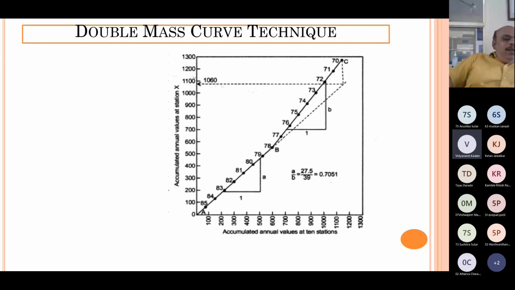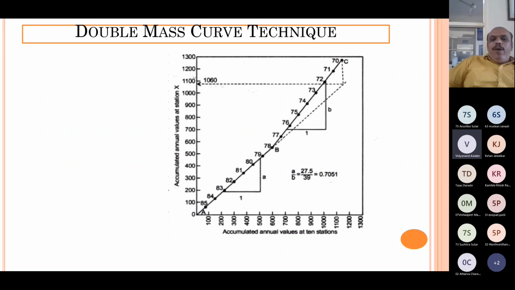Now on the screen, this is the double mass curve plotted. See what is plotted on the x-axis. On the x-axis, the accumulated annual values of 10 stations are plotted, and on the y-axis, accumulated annual values at station X are plotted.